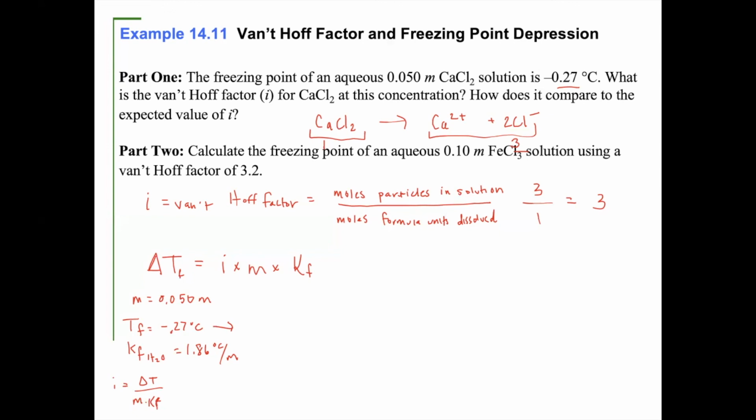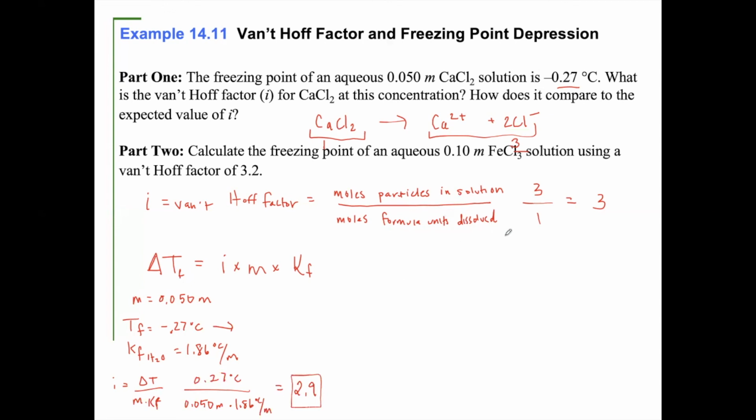And that means that the original freezing point of water is 0 degrees Celsius, right? Pure water, that's the freezing point. So the change in temperature was just 0.27 degrees Celsius. So this should be a positive value. So the molality is 0.050. And then the constant. So that's going to give us 2.9.